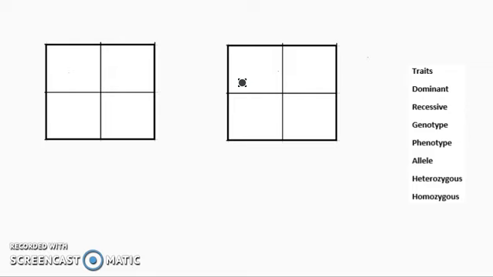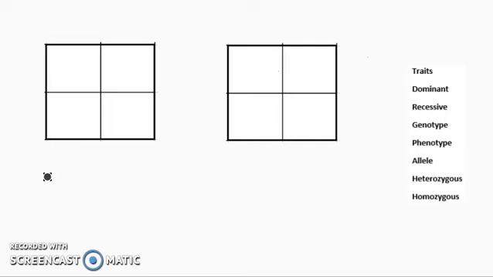So the things you have to know are that there are pairs of letters that go together. So for example, brown eyes is dominant to blue eyes, meaning that if the brown allele is ever present, it wins. Think of it like a bully. If it's ever present, it wins.